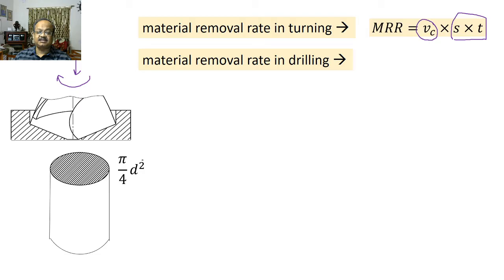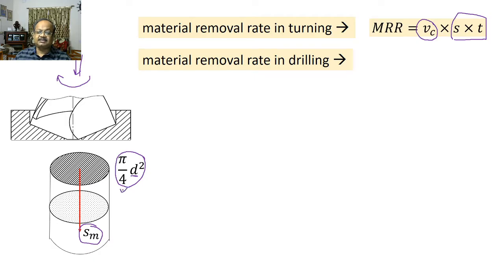Cross-sectional area of that internal feature is pi by 4 d square, where d is the diameter of the drill. That cross-section is being extruded in the downward direction because of the downward feed of the drill at a rate of Sm.